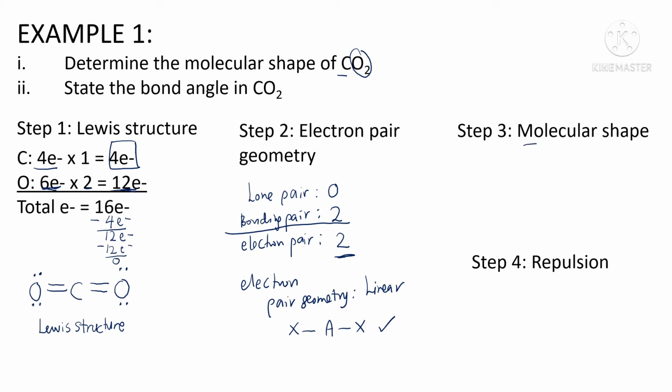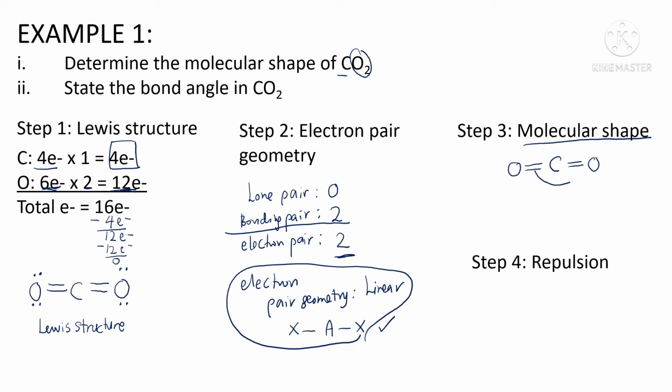And to draw the molecular shape of the carbon dioxide, it must be based on the electron pair geometry. Therefore, carbon central atom must be in the middle, and then the first bonding pair and second bonding pair lying 180 degrees apart from one another. So this is the molecular shape of carbon dioxide, and this molecular shape is called linear shape.